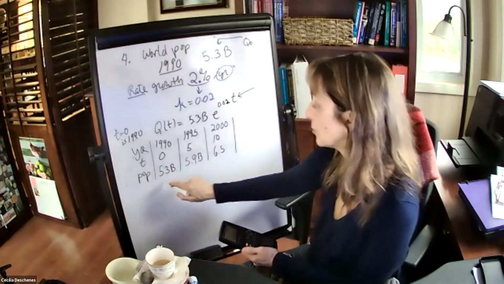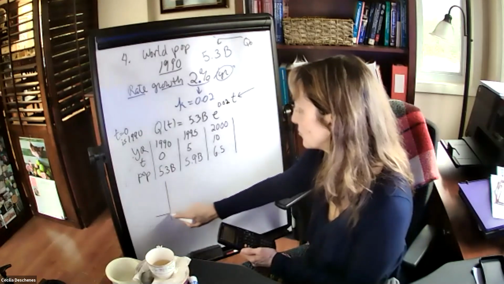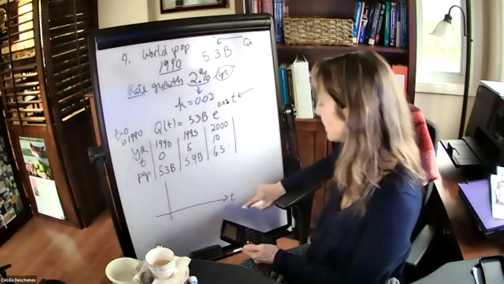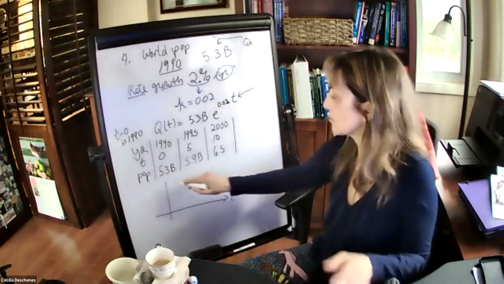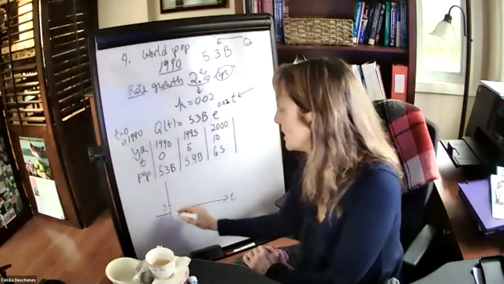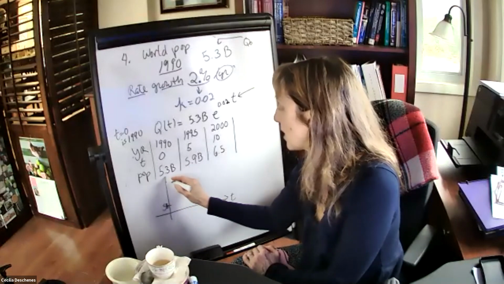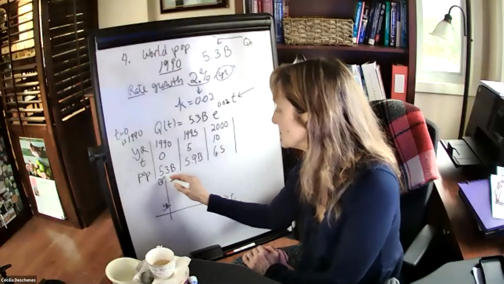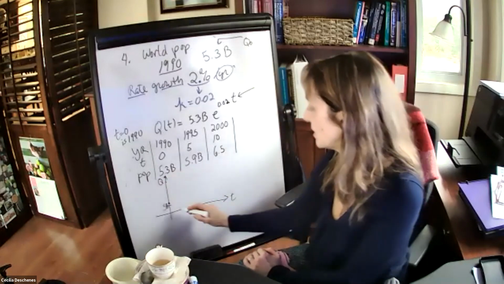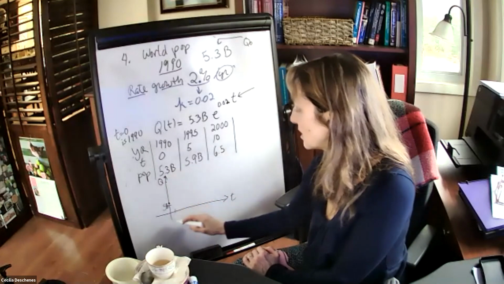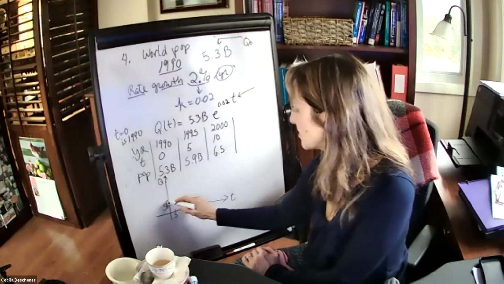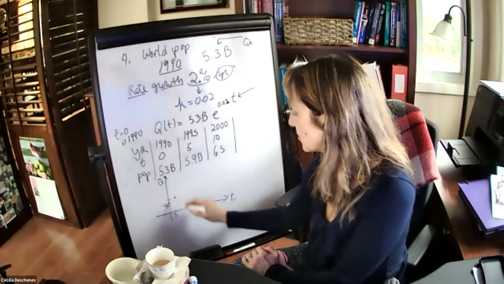And when you're done, what you're going to want to do is graph. So t is going to be on what's normally the x-axis, and we're going to count in billions. Start with 5 billion here for the world population, or Q, or quantity. So I'm going to put a dot here, 5.3. And this is 5 years later, let's say that's 6, so we're right here.